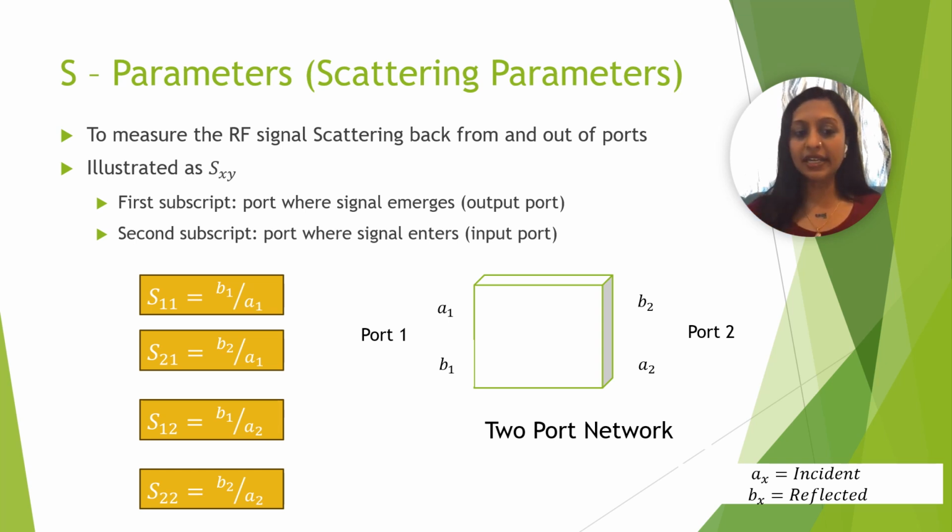Or the incident is at port 1 and the reflections I am checking at port 2. Likewise goes with S12: the input is at port 2 and the reflections are checked at port 1. This is how we understand the notations used for a two-port network. Likewise, we can do it for 3-port, 4-port and n-port networks also. So this is the basic of it.